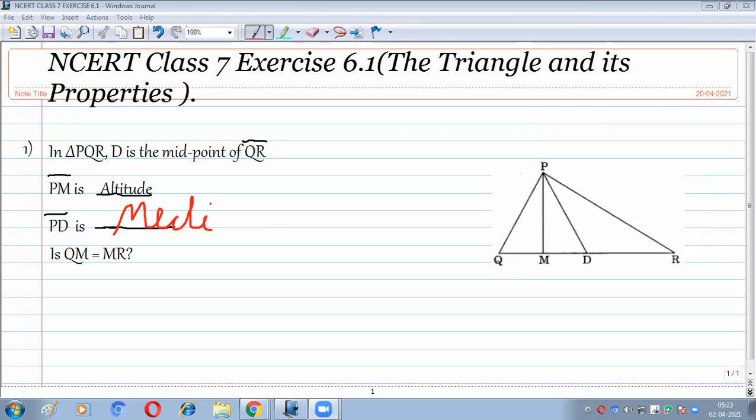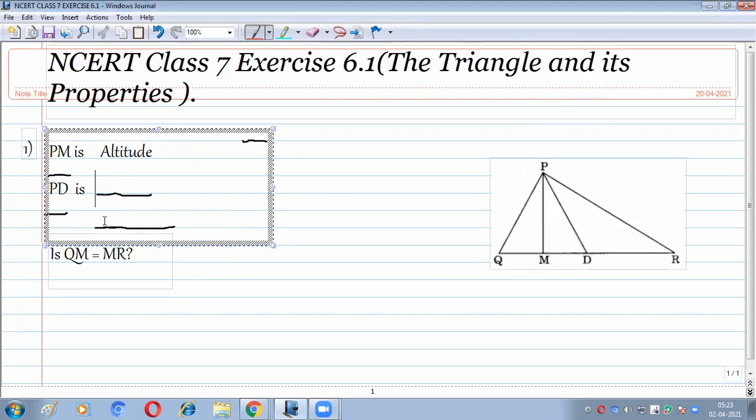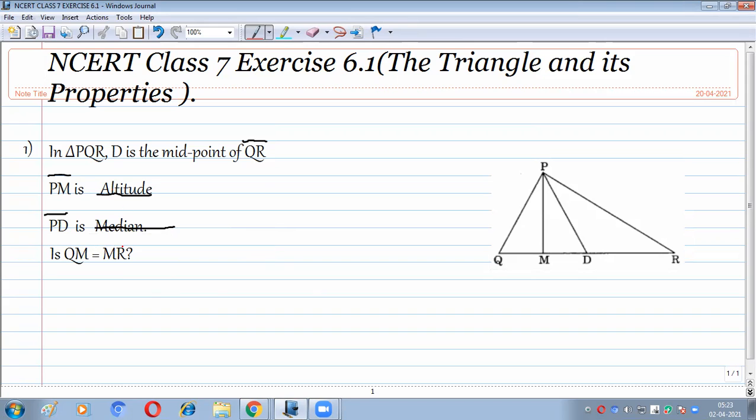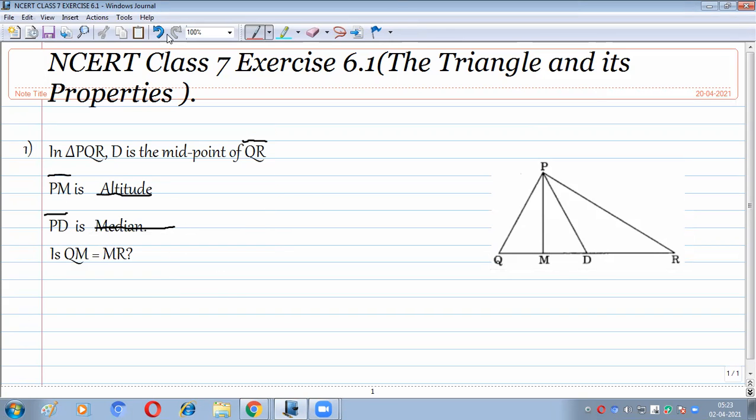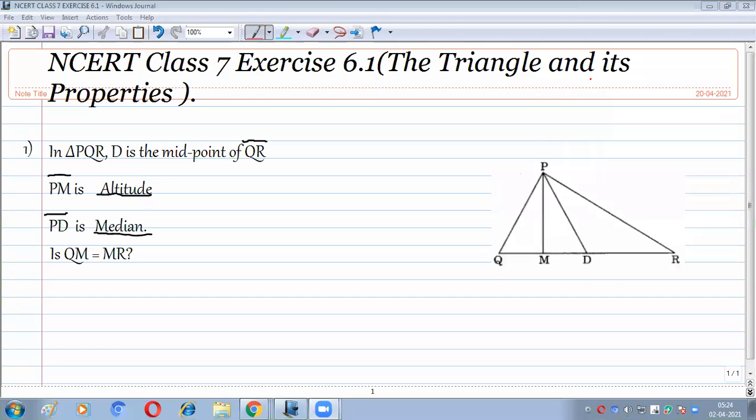Let's write here: median. Okay, friends, so the answer for the first bit is altitude, and the answer for the second bit is median.